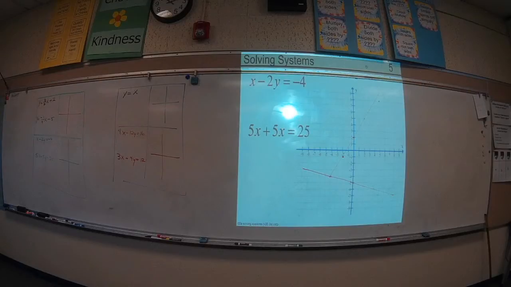Don't draw the coordinate system yet. Tell me what those 2 things are. Oh, you've got to do the second one also. 5x plus 5y. Oh, you know what? You're right. It should be 5x plus 5y, the second one.